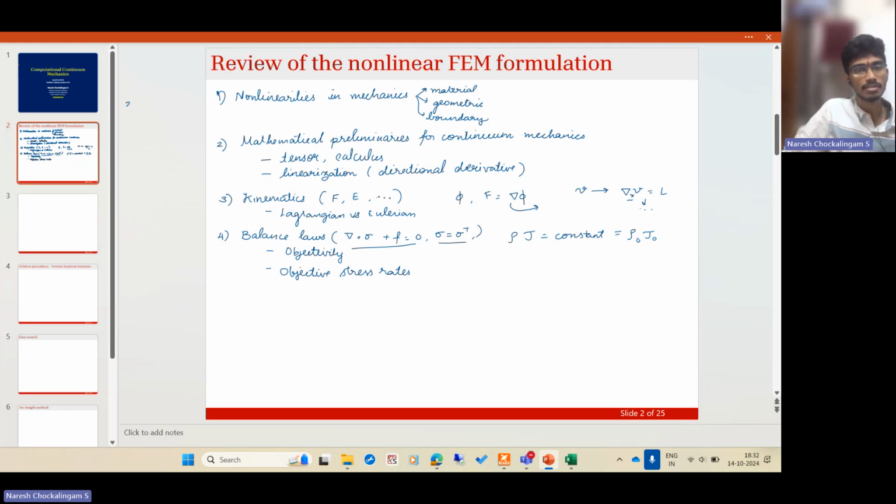But then we came up with this idea of objective stress rates, because the material time derivative of the Cauchy stress is not objective. Therefore, we had various descriptions such as the Truesdell rate, the convective stress rate, the Jaumann stress rate, and so on. So there are several objective stress rates.